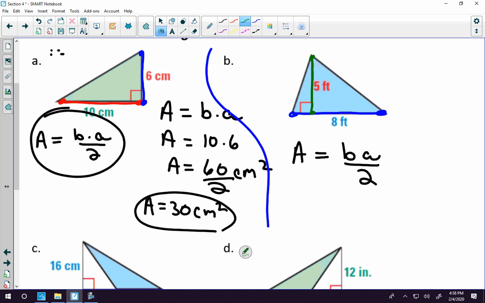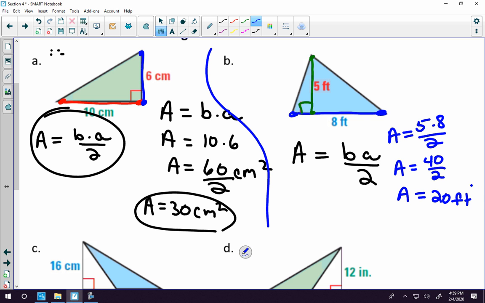The segment perpendicular to the blue segment is the green segment, and therefore 5 is the altitude and 8 is the base. So the space inside this triangle is 5 times 8, divided by 2, which is half of 40, so 20 square feet.